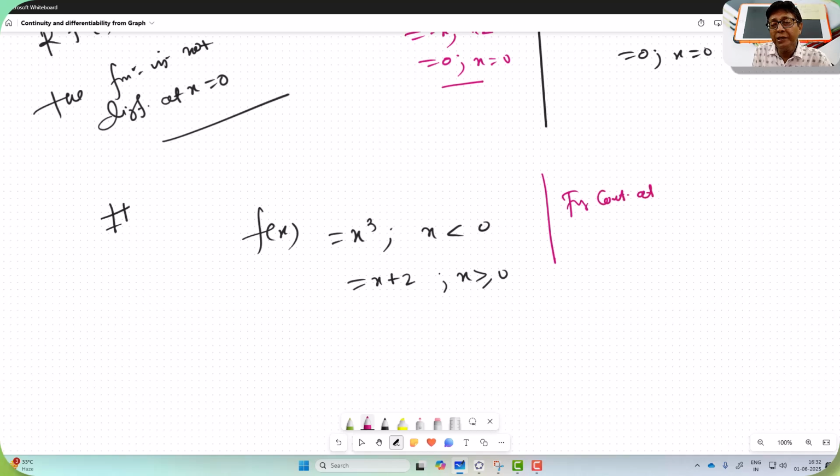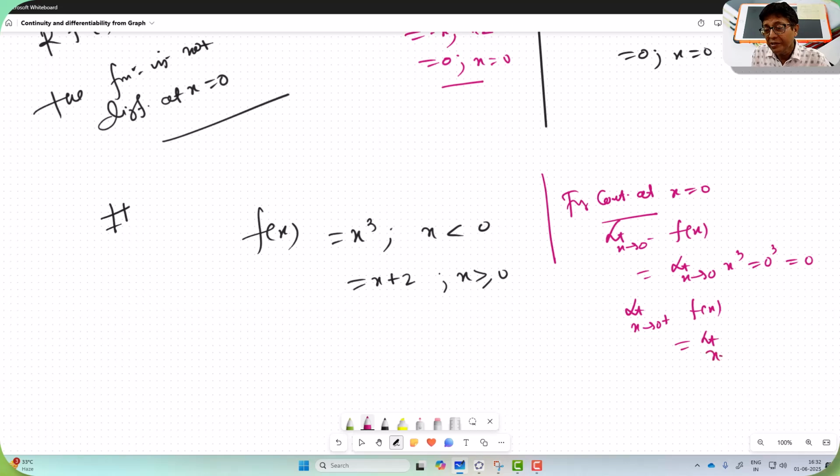For continuity at x equal to 0, limit x tending to 0 minus f(x) will be limit x tending to 0 of x cube, 0 cube, this is 0, and limit x tending to 0 plus f(x) is what? This is limit x tending to 0 of x plus 2. This is equal to 2.